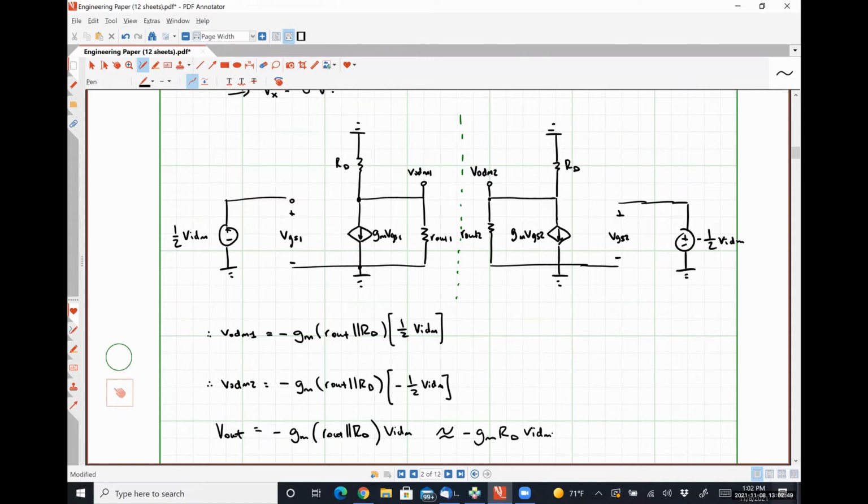We need to figure out a way to increase RD, the small signal resistance seen, without increasing it at the large signal level, because increasing it at the large signal level can push our transistors out of saturation and into triode. So how have we done that before?